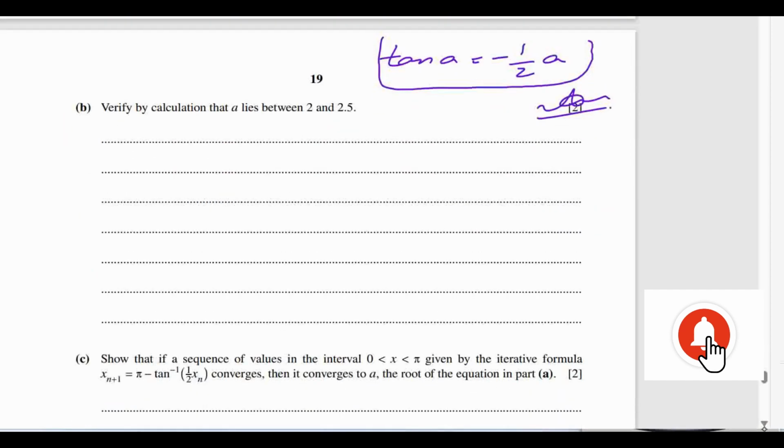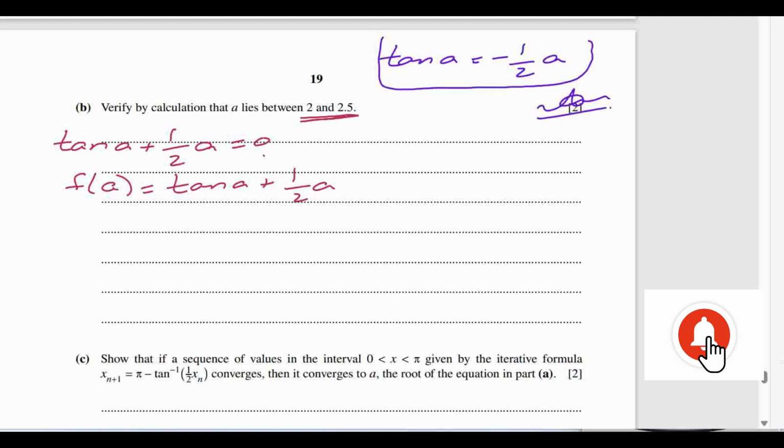Verify by calculation that a lies between 2 and 2.5. The process is very simple. We have to shift it to this side again. So tan of a plus 1 by 2a is equal to 0. Now as we can see, this is basically f of a. So f of a is equal to tan of a plus 1 by 2a. Now we have two values.